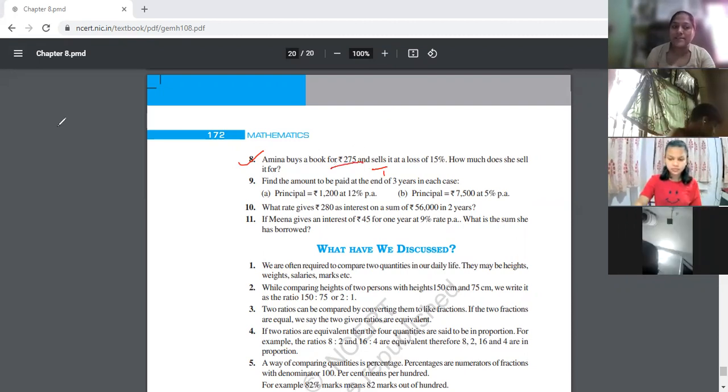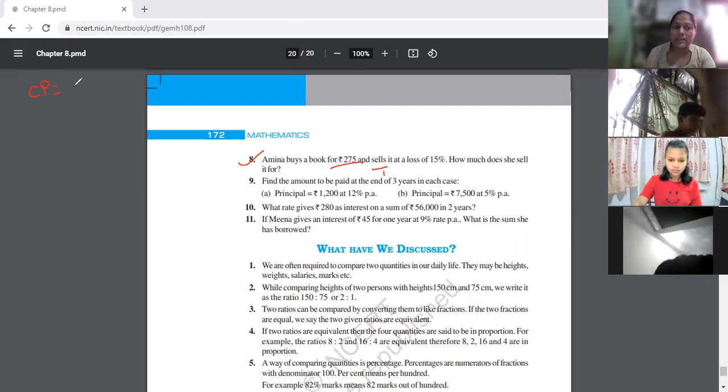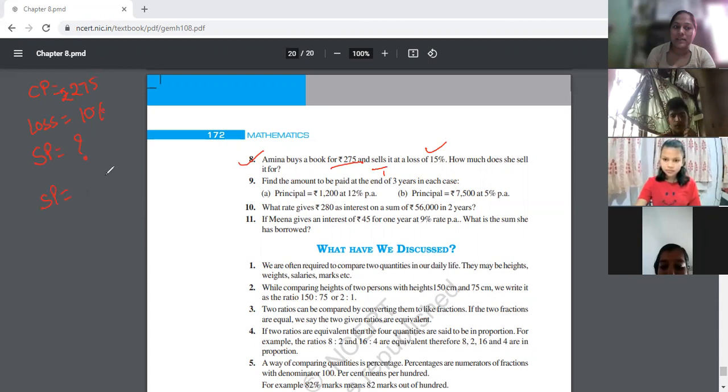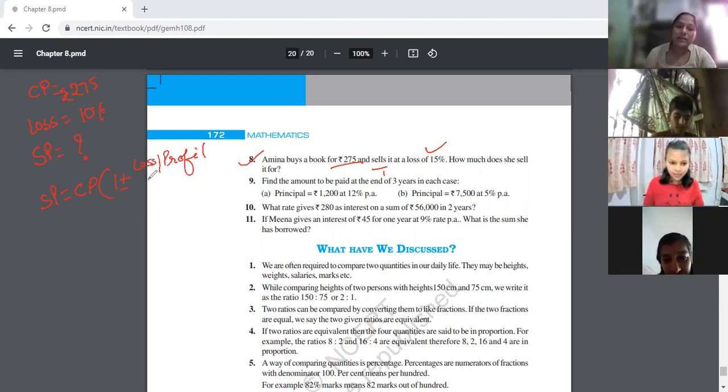This is your buying price, CP. What is the CP? Rupees 275. What is the loss? 15%. Okay, you have to find out the SP. What is the formula for SP? It is CP into 1 plus or minus loss or profit divided by 100. This is the formula.